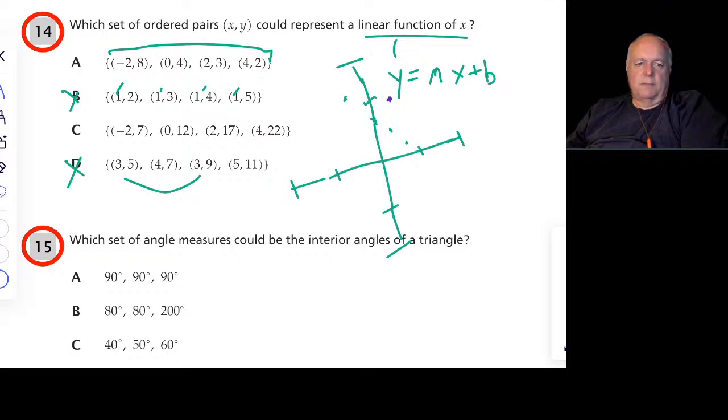So we have minus 2, 7, which might be about there. 0, 12. That's going to be way up there. 2, 17. So that's going to be all the way up there.